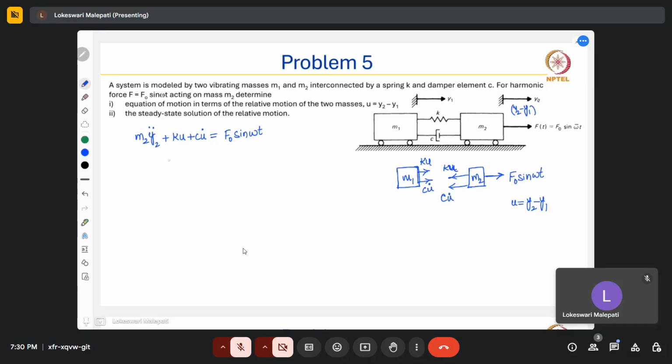So we can write down ku plus c u dot. This must be equal to M1 y1 double dot. This is the unbalanced force. So now we have M1 y1 double dot minus ku minus c u dot is equal to 0. Let's call this equation 1 and this equation 2.